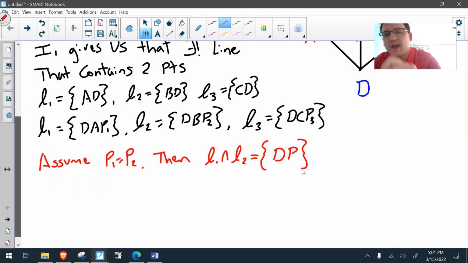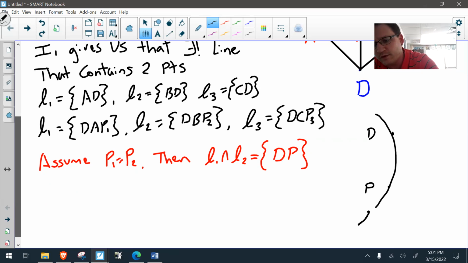So what we have is the intersection of line 1 and line 2 containing 2 points. But if we think back to I1, I1 tells us that any 2 points define a unique line. So what's going on here is we have something like this. This is going to be line 1, and this is going to be line 2. They're kind of curving around.